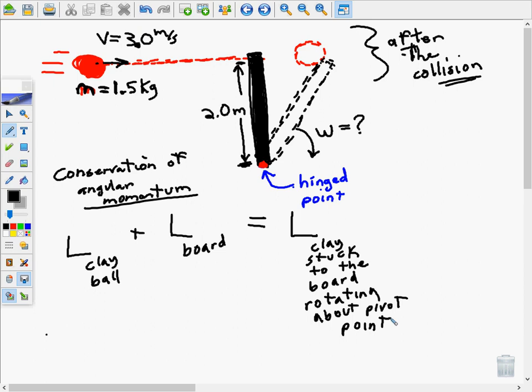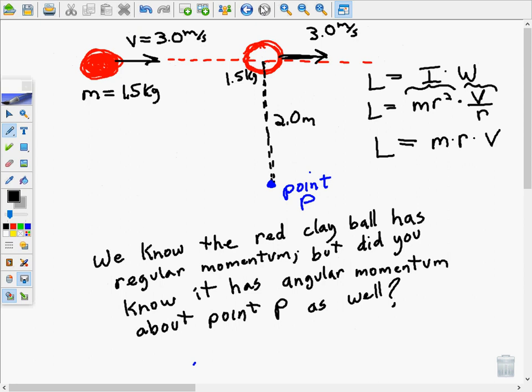So let's start off by calculating the angular momentum of the clay ball. This is the tricky one. This is the bizarre one. Because even though it's going in a straight line, it still has angular momentum. And if I jump up to this slide right here, this angular momentum, I times omega, translates into m times r times v as the ball goes past this point P right here.